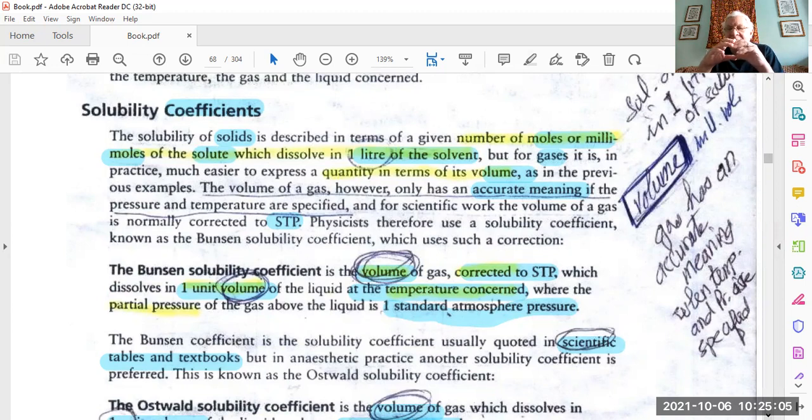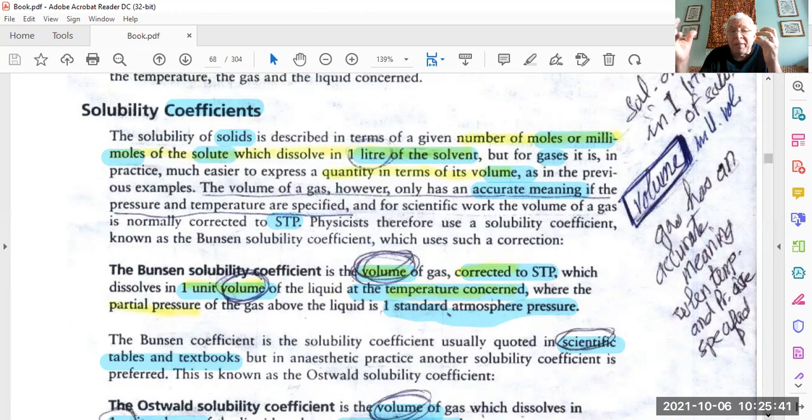But the point is that I must regain the situation of the gas in the standard temperature and pressure. At that point, I see how much of it is being dissolved. So I want to compare the volume dissolved to the volume that is not dissolved, so we will gain a figure.